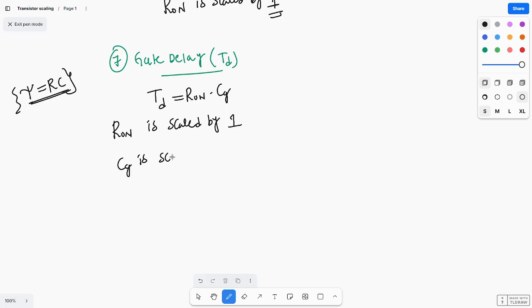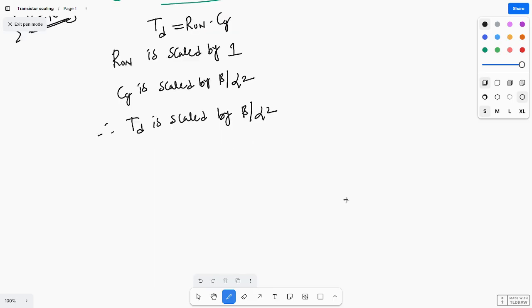Therefore gate delay TD is scaled by beta by alpha square. So gate delay is scaled by beta by alpha square.